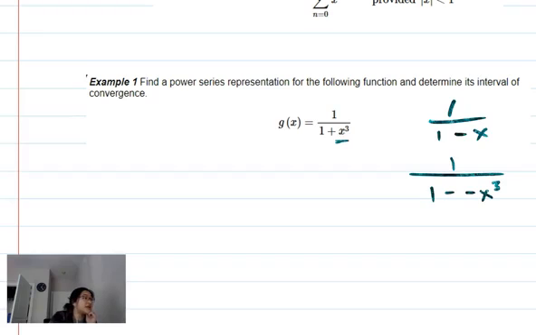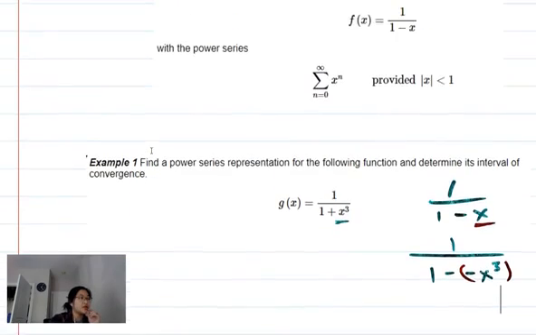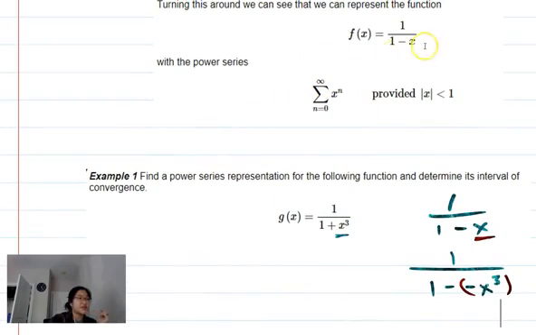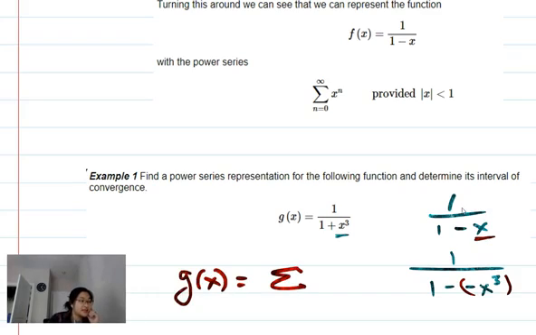So if we think about this x as this negative x cubed, then with our power series that we were looking at before, this one, that represents this parent function, we can rewrite g of x in terms of that, where we replace our x here with negative x cubed, raising that to the n power, going from n equals 0 to infinity.